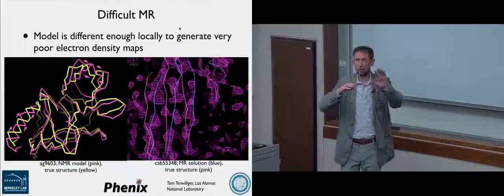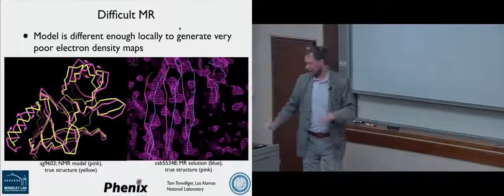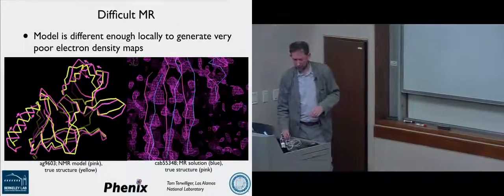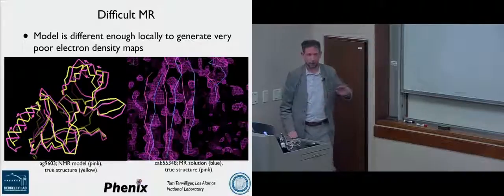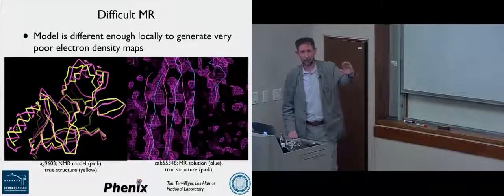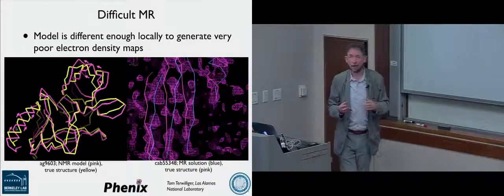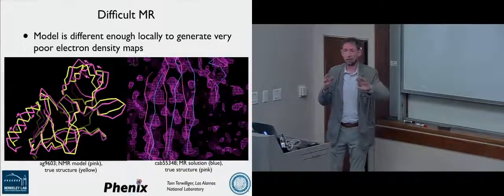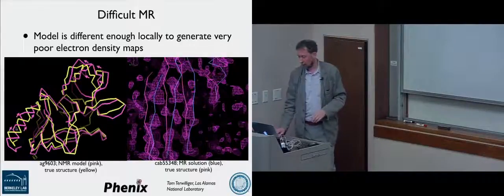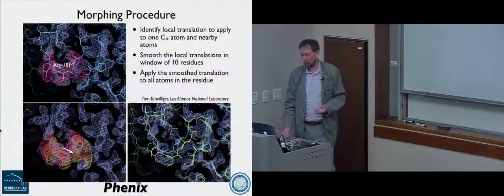It's just because they've moved in space a little bit. A prime example would be this helix. If I knew I shifted this helix by half a turn in that direction, I'd have it in the right place, right? So these changes are just local shifts, and often they are just translations of parts of the structure. So maybe we could exploit that.